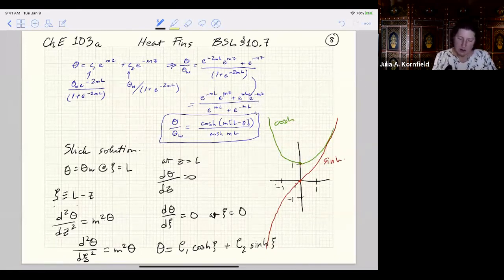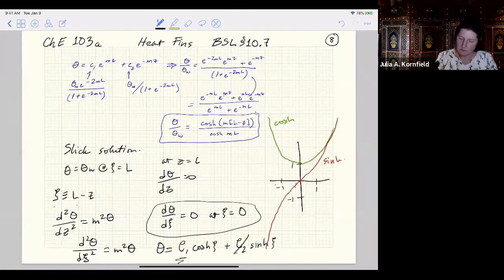Okay, and we look at our boundary condition at c equals 0, and that gives us that C1 is non-zero and C2 is 0. And then we have our boundary condition at c equals L, so theta equals theta_W. And that's going to set this coefficient C1 such that this equals theta_W. Okay. That's going to work.